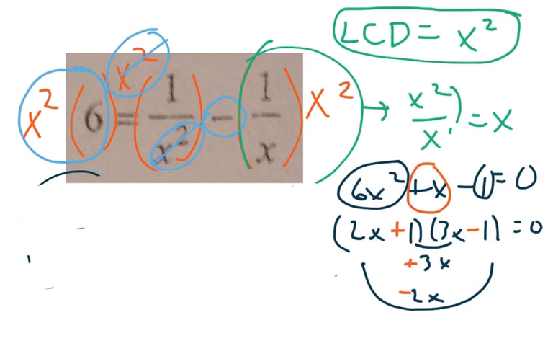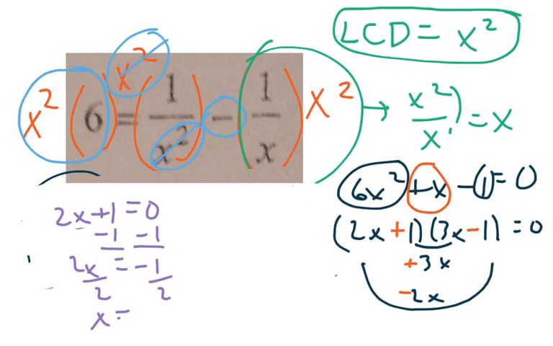And hopefully you agree we could take 2x plus 1, and we want it to equal 0. So if I minus 1 both sides, 2x equals negative 1, divide by 2 both sides, x is negative 1/2. That's one solution.